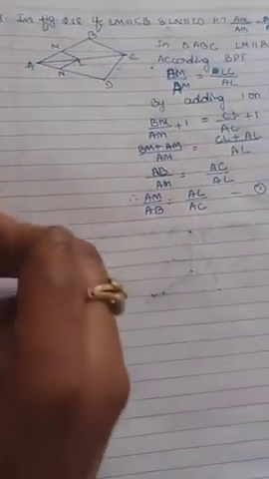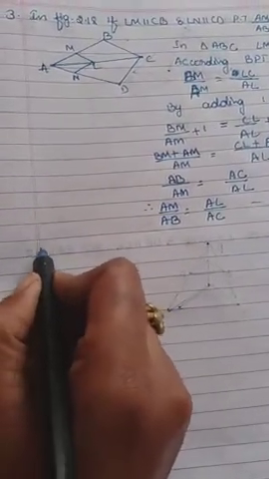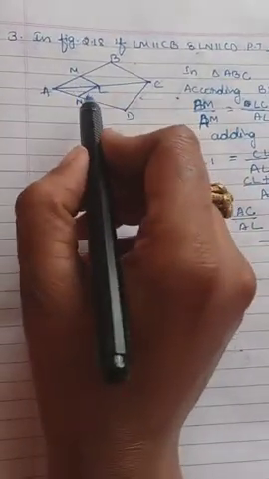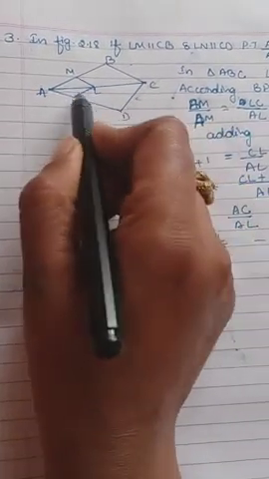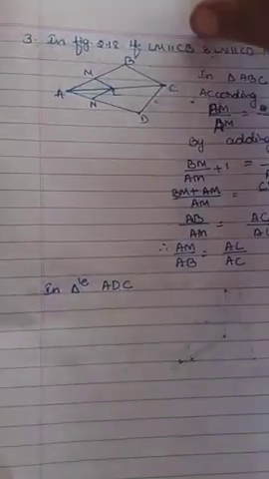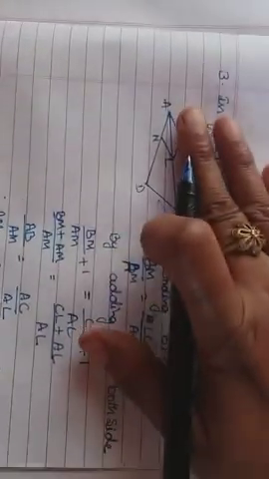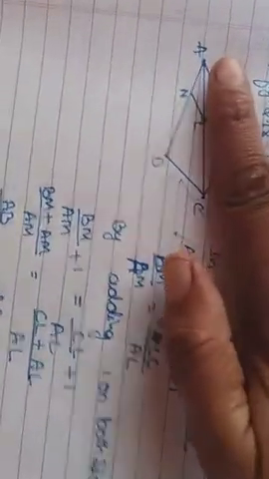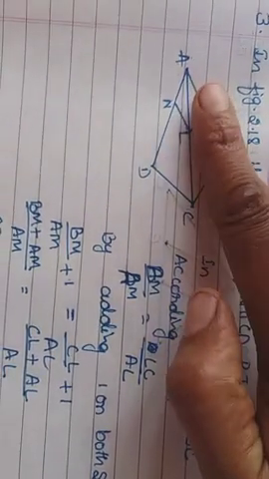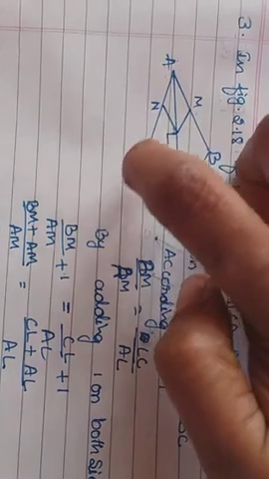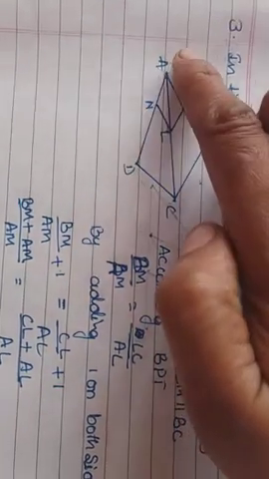Next we move to the second triangle, which I told you already, that is ADC. If we close this triangle, we get ADC. Here LN is the intersecting line, which gives AN divided by DN, or DN divided by AN.